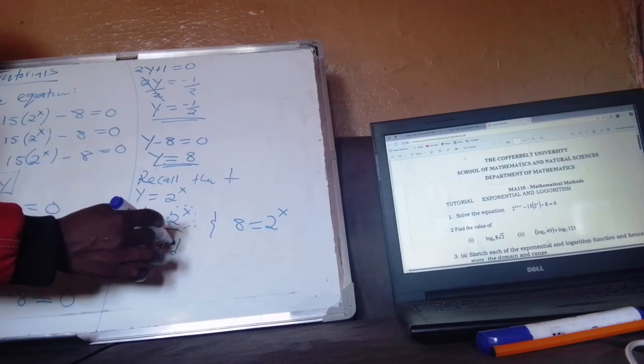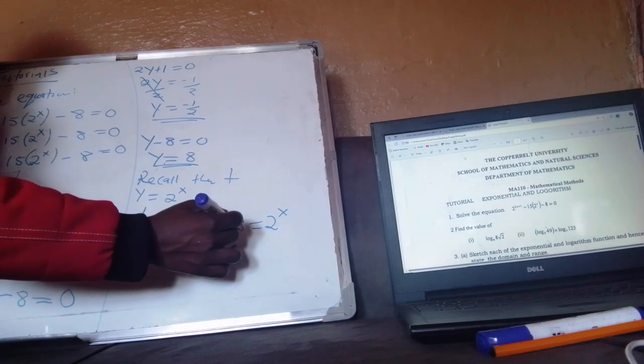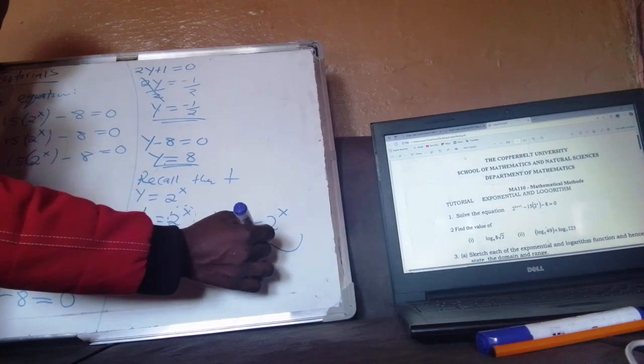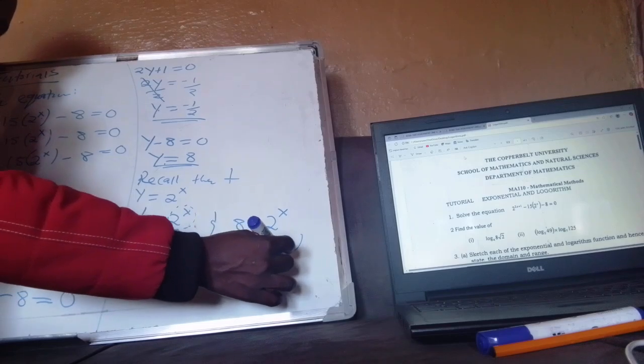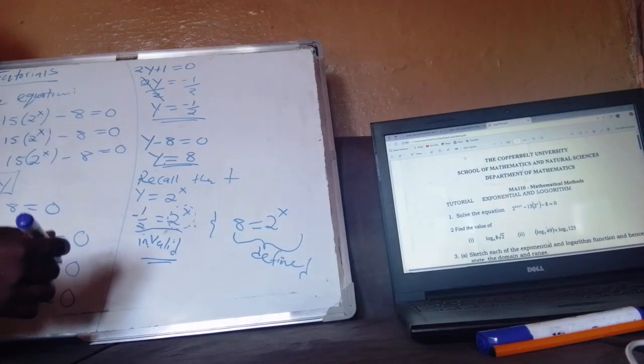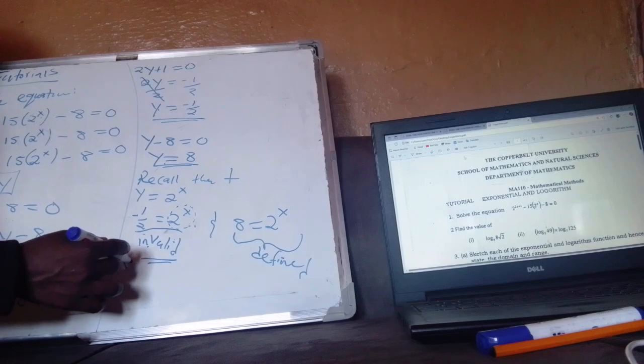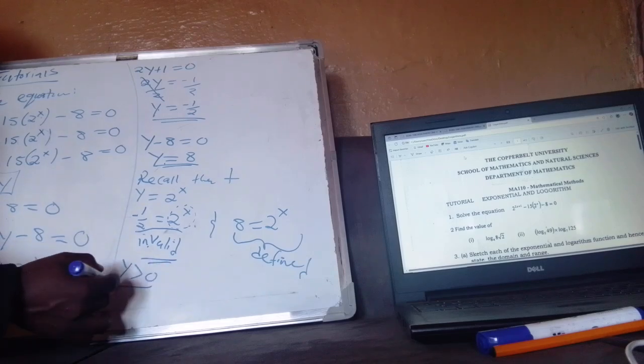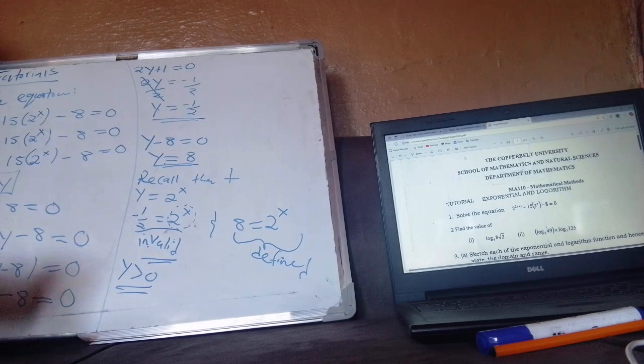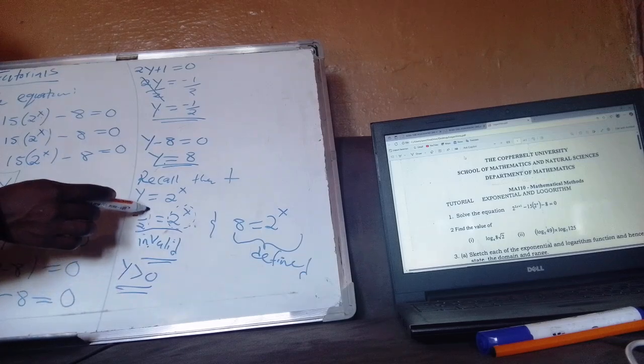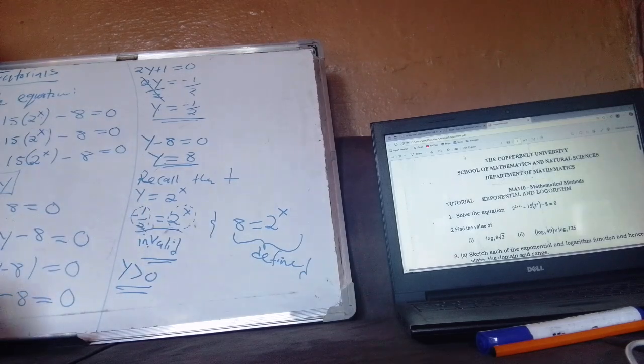This function is undefined. The only defined solution will come from this guy. This will be the one which should be defined, because the range values of y should be greater than 0. We're interested in y values which are greater than 0. So this y is negative, so it cannot define our exponential function.